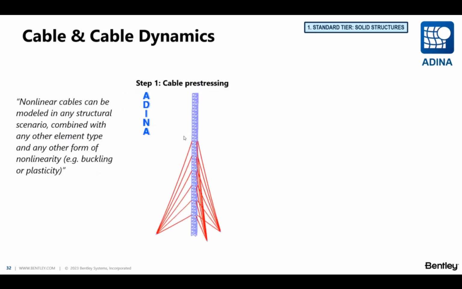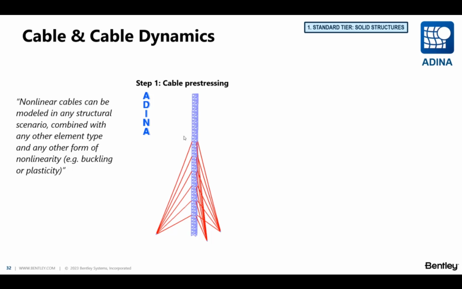Following on with cable stayed structures, I want to present this cable and cable dynamics capability. Nonlinear cables can be modeled in any structural scenario, combined with any other element type and any other form of nonlinearity. And if you look quite closely at those red cables, you see that they go from being slack to being tense as we apply the pre-stress to the structure.